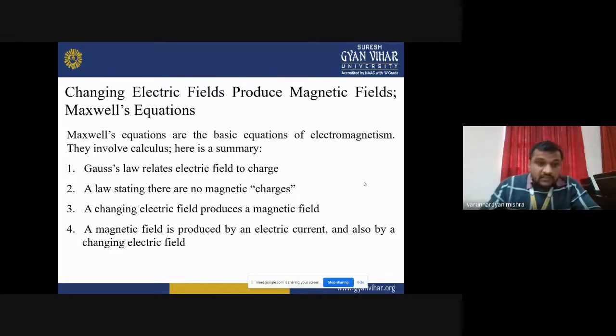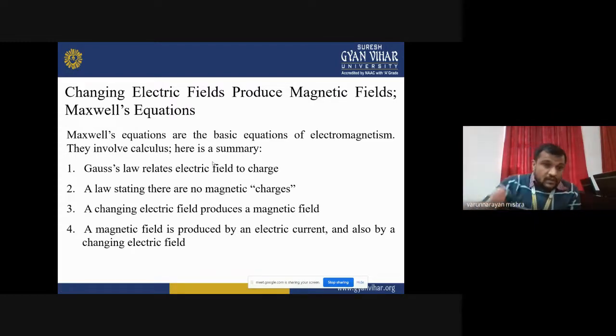For that, Maxwell derived four basic equations that are very important for electromagnetism or electrodynamics. The study of electromagnetic radiation and different electrodynamic processes is based on the Maxwell equations. Maxwell used different methods and calculations to summarize his findings about the electric field and magnetic field.